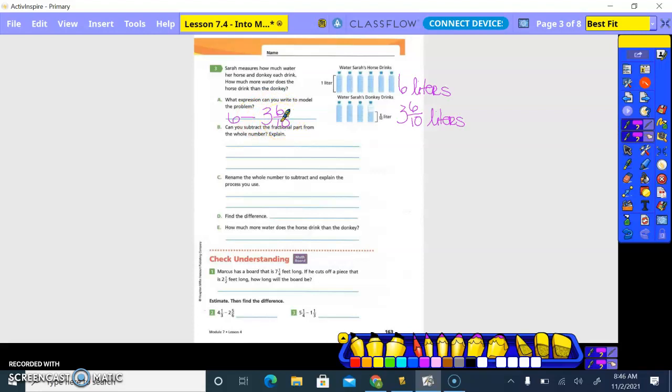Okay, then can you subtract the fractional part from the whole number? No. So no, comma, we will need to do it. Oh, whoops, I forgot.